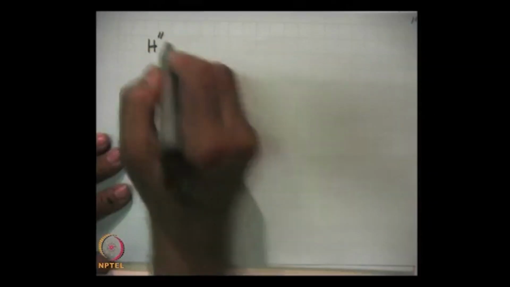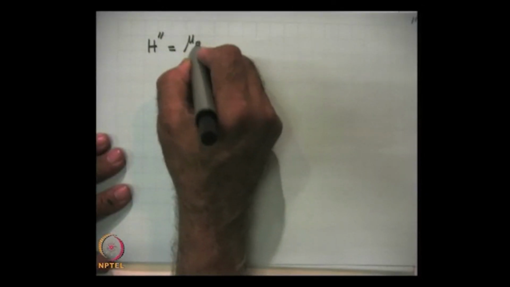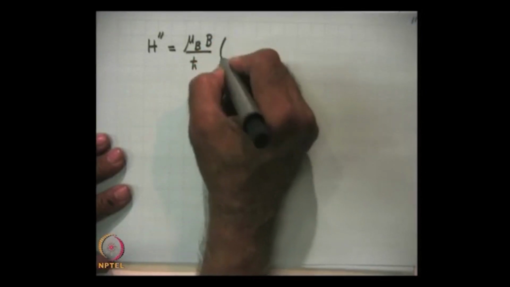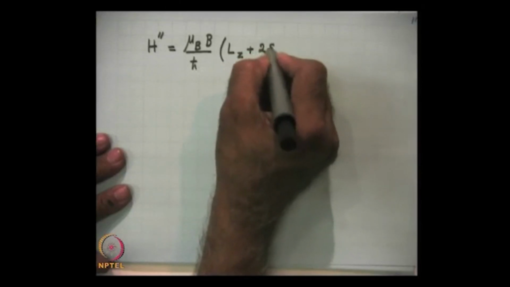Now, let me do it a little more carefully. We will take the Zeeman effect of, say, a hydrogen-like atom or a sodium atom. So, you have the perturbation, let me write it down as H double prime, equal to mu B, the Bohr magneton, divided by h cross, times Lz plus 2Sz.